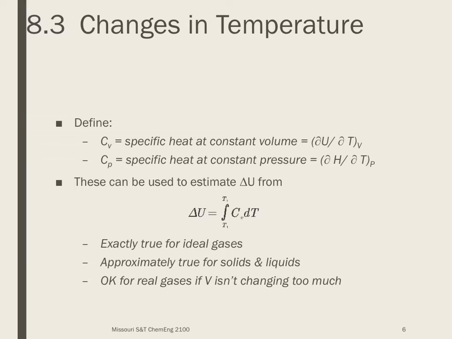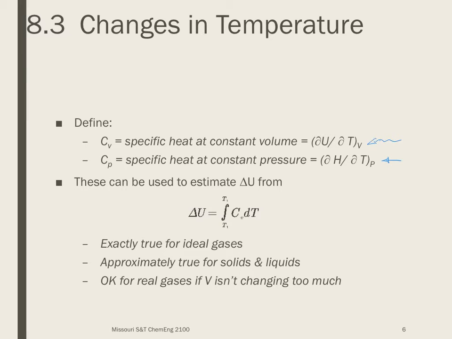It's usually called the heat capacity in those courses. In thermodynamics and in chemical engineering, we call it the specific heat at constant pressure. And the specific heat at constant pressure is defined as the change in enthalpy with temperature while I hold the pressure constant. We have related to this C sub V.